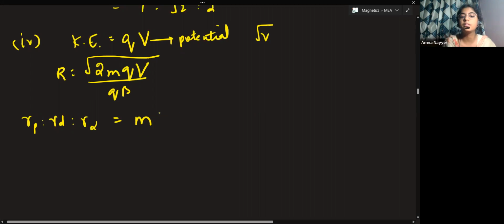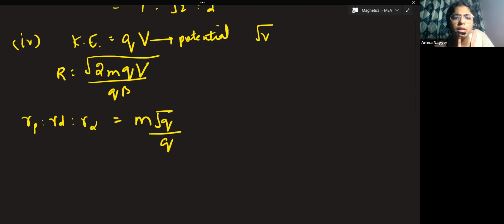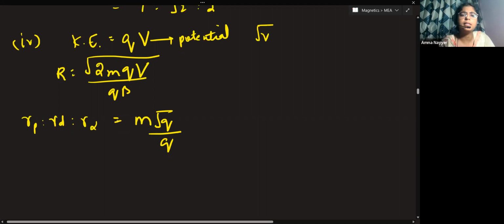Root q divided by q will be left. Magnetic field will get cancelled and potential. Only this will be left, right? Just check once. Root 2. If there is anything else that can be left, just let me know. This will be left only. Magnetic field will also get cancelled. Potential will also get cancelled. So this much will be left.